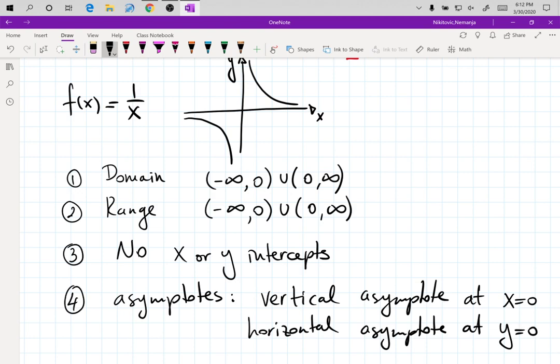Now we have to talk about asymptotes. There's going to be a whole talk about that, so don't panic yet. We are going to write down exactly what these things are, and then you will learn them. So I just wanted to put all of these most important things about our easiest rational function, 1 over x, in one spot.